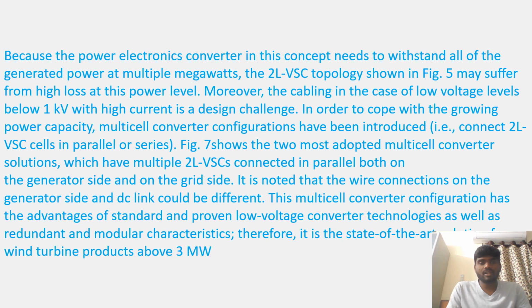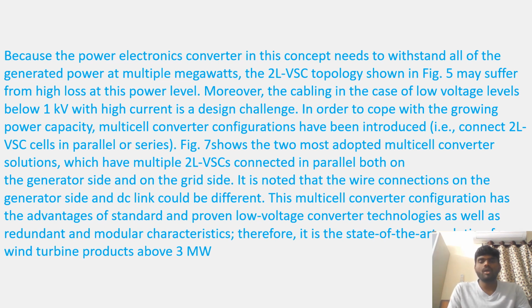Because the power electronic converters in this concept need to withstand all of the generated power at multiple megawatts, the 2L VSC topology may suffer high loss at this power level. Moreover, the cabling in the case of low voltage level below 1 kV with high current is a design challenge.